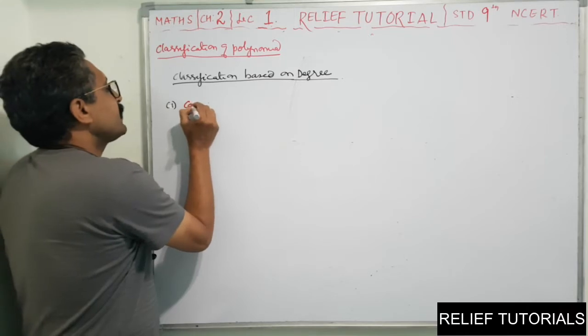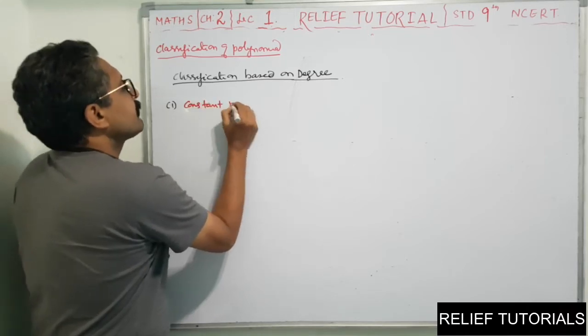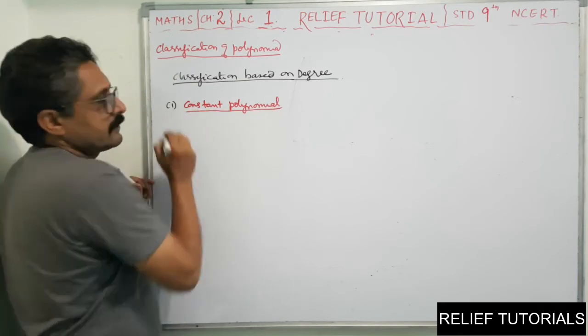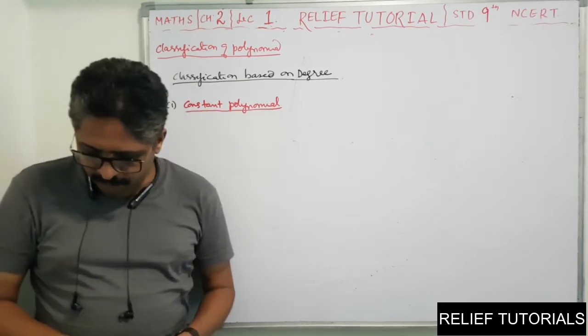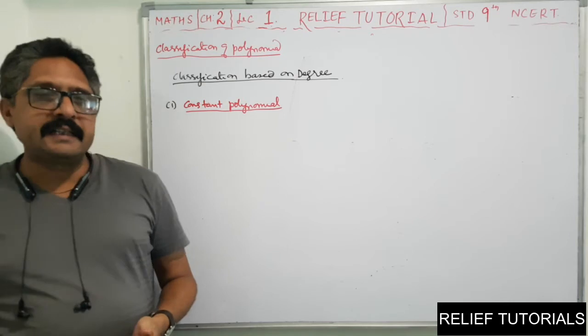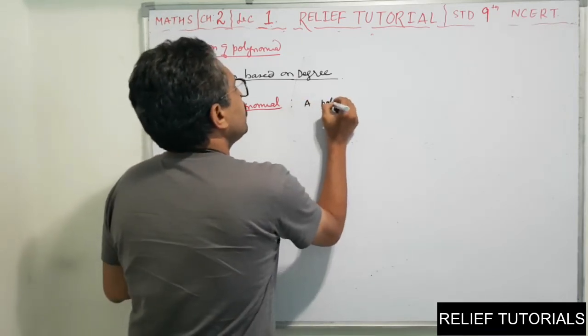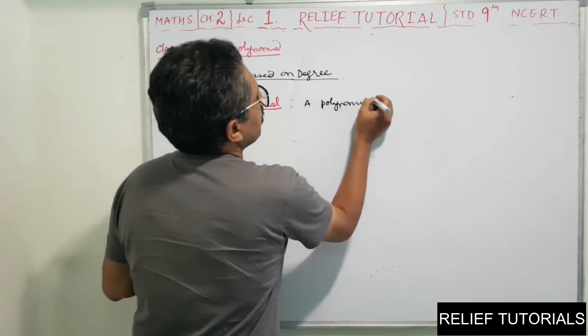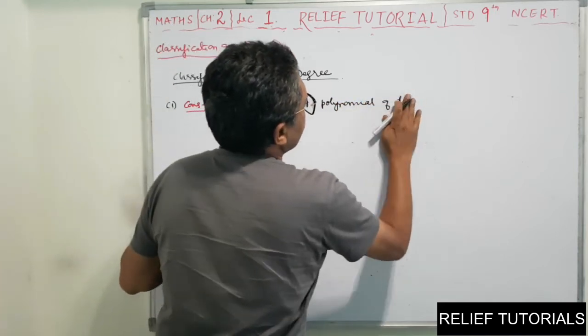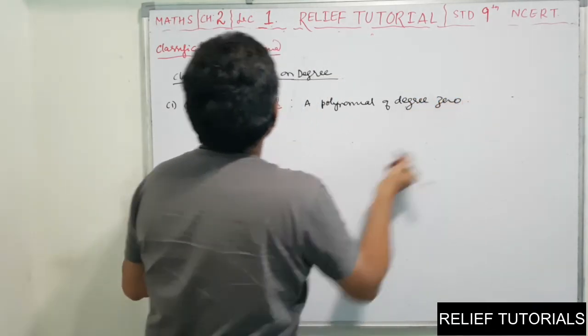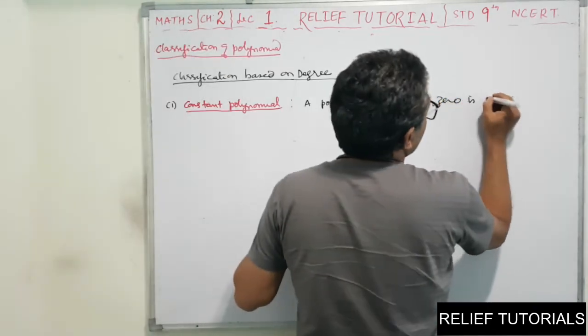The first is the constant polynomial, a polynomial of degree 0.